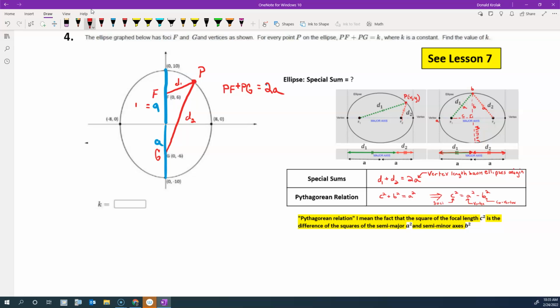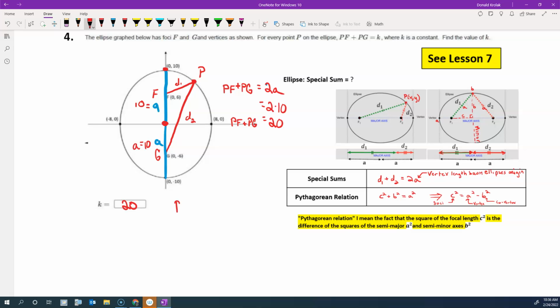10. So a is the distance from the center to the vertex. And then a on this one is also 10. So 2 times 10, that is going to be 20. So the value of k is 20. That's called the special sum. Okay?